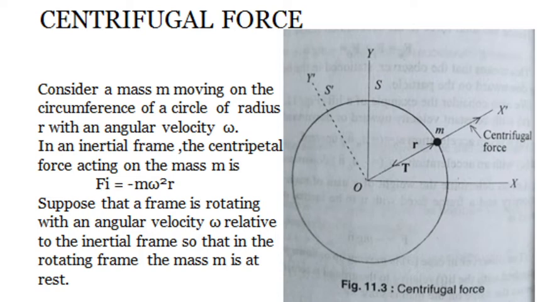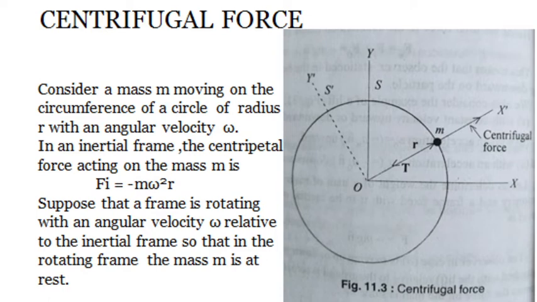S frame is represented by the x axis and y axis. At the same time, S dash frame is denoted by x dash and y dash axis. O is the origin. Here two kinds of forces are acting in this case.